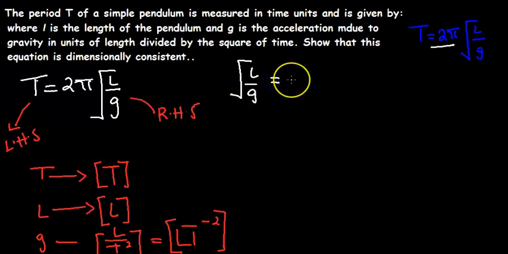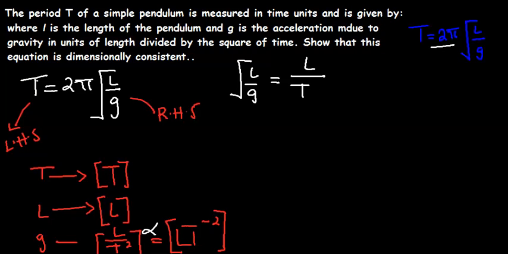So what is the dimension of length? We said we denote the dimension of length as L. What about g, which is acceleration due to gravity, which is L divided by T to the power of 2, which is the same thing as saying LT^-2.